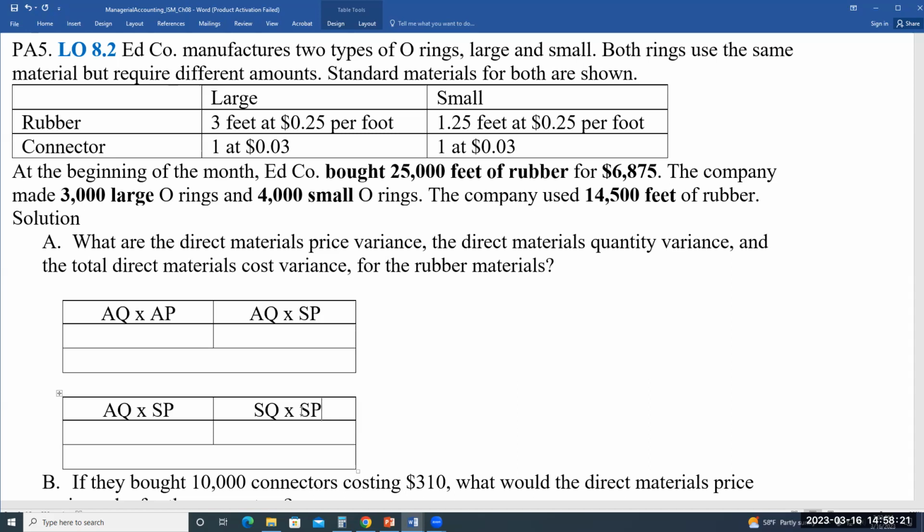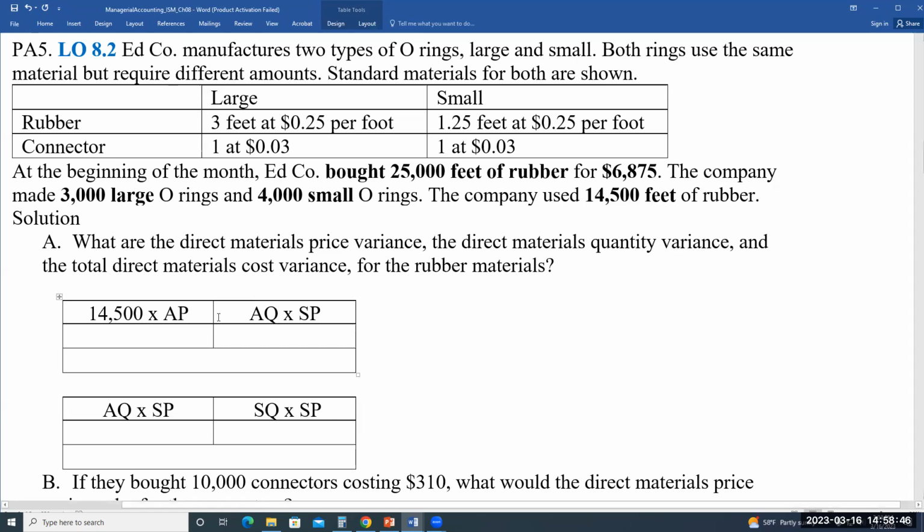So what is the actual quantity of rubber material that we used? 14,000. How'd you get that? It says the company used 14,500 feet. Okay, yes, there it is. Thank you. 14,500 feet is the actual quantity we used. Good job.